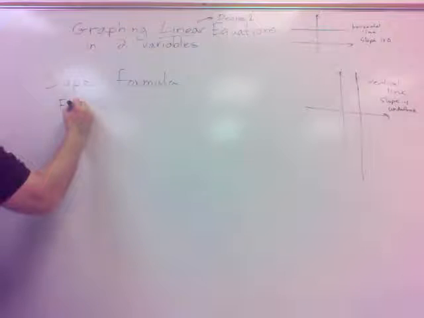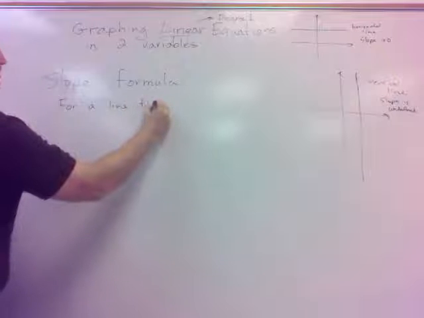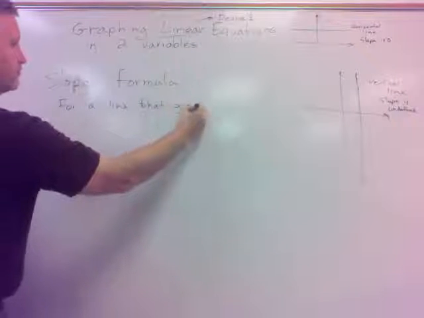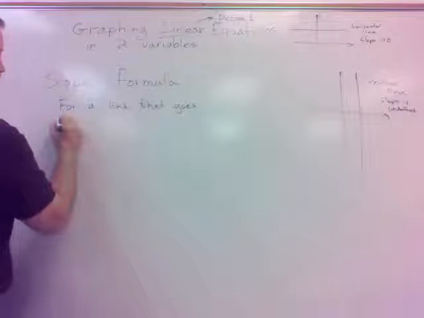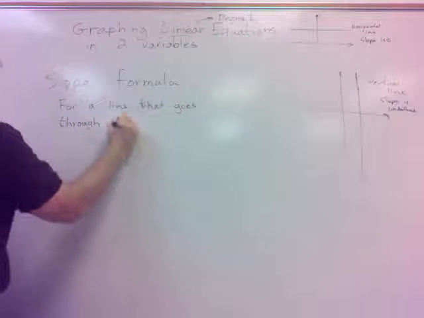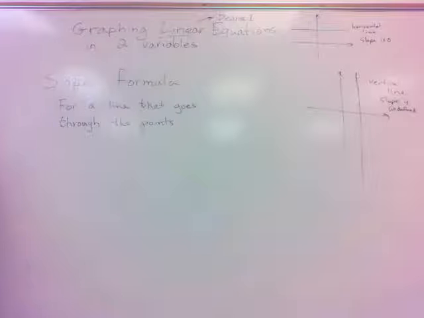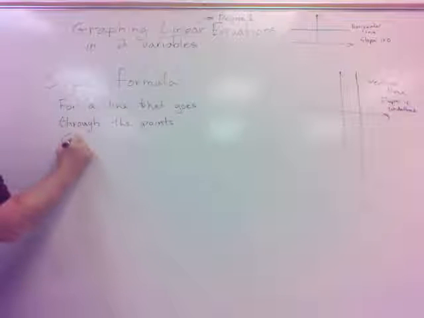For a line that goes through 2 points, we know a point has an x comma y, and so we use 2 points, so we've got to use a little more designation there.